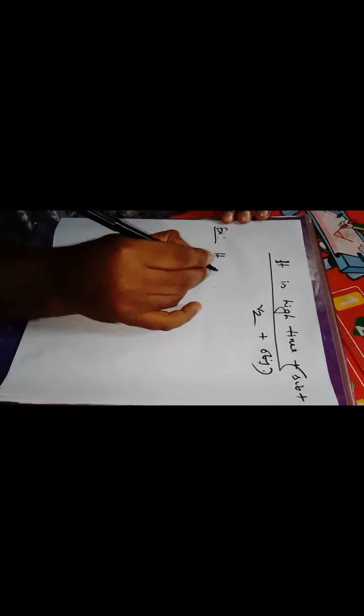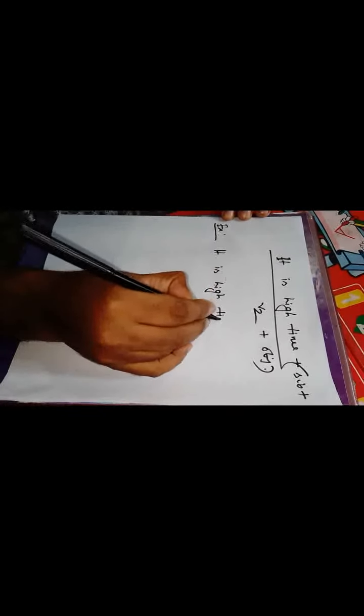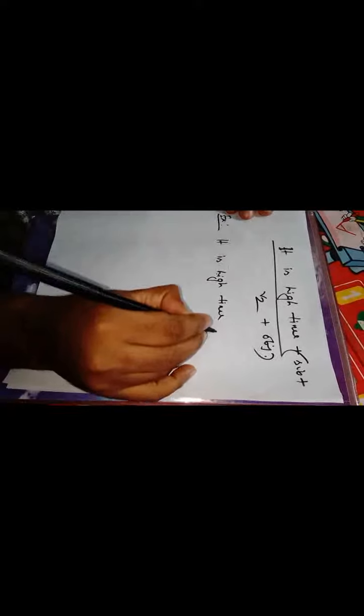Let's see an example. It is high time. It is high time for what? To start our study, to start our journey, to change our bad habits. We can write down any answer, but we will follow this structure.